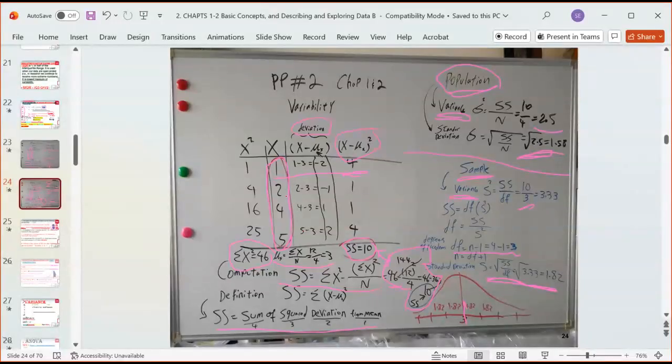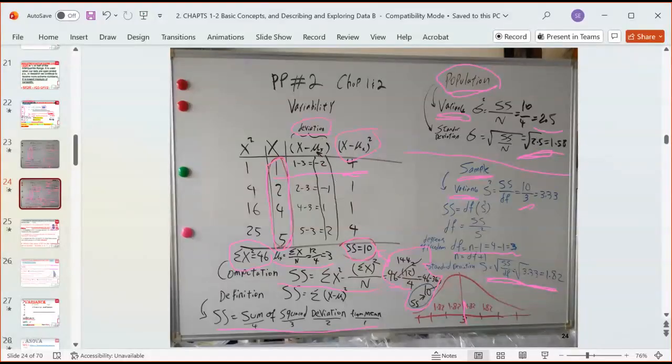The first score is 1, minus 3 is negative 2. The second score is 2 minus 3, which is negative 1. The third is 4 minus 3, which is 1. And the last is 5 minus 3, which is 2. Those are called deviations, distance from mean.